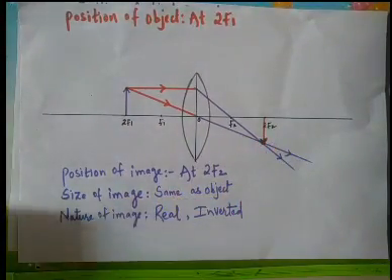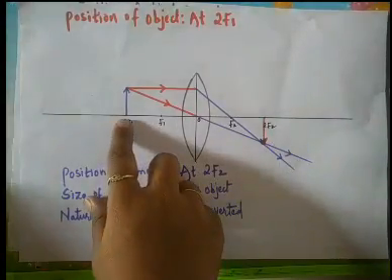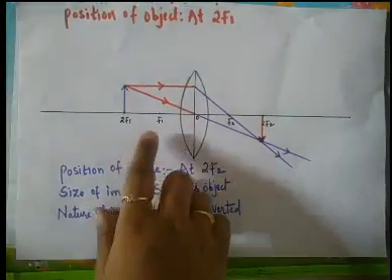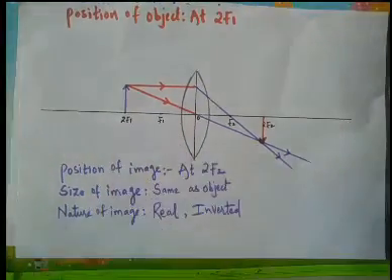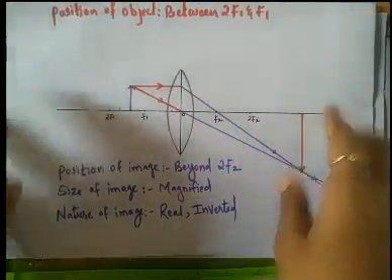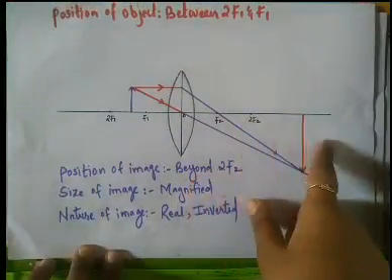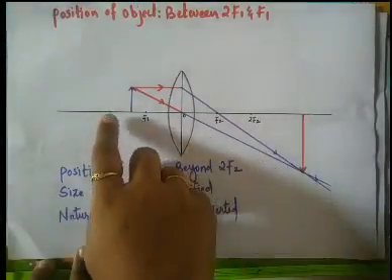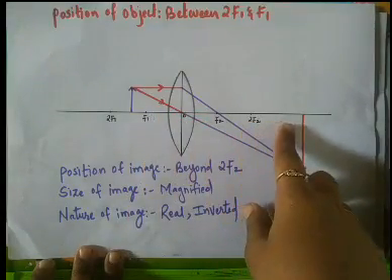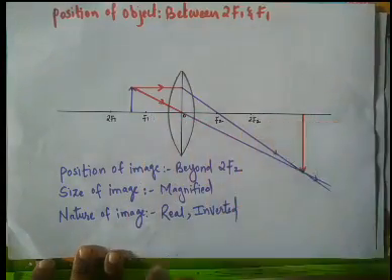Now when we take the object towards the lens, that is when it is kept between f1 and 2f1, the image which is forming is beyond 2f2. Now see students, as we are taking the object closer to the lens, the image is forming far from the lens.